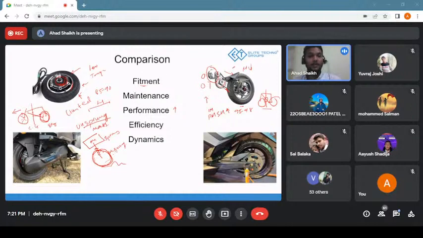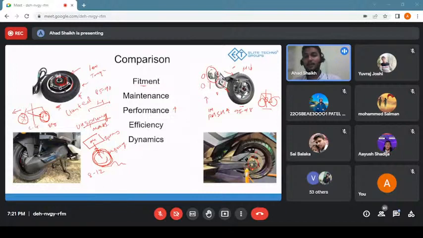But when you add a BLDC hub motor inside a vehicle, it adds around 8 to 12 kg of weight inside a wheel, which highly affects the comfort of the riding. But in case of a mid-drive motor, there is no such thing. The wheel is completely empty. The only mass over the wheel is the brake and the chain and sprocket, which is way less than the mass of the BLDC hub motor.